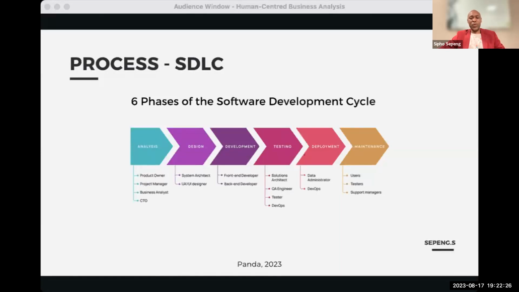We will see how that applies in the design phase and where we can find that magic at the intersection. You have a design phase also as part of the SDLC process.